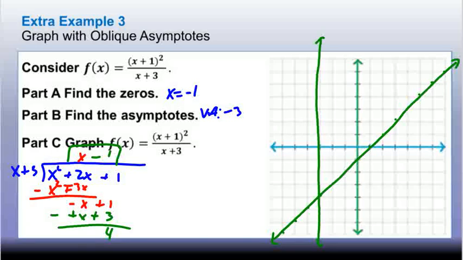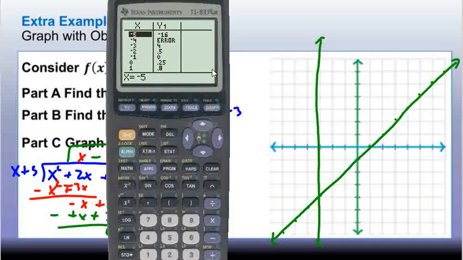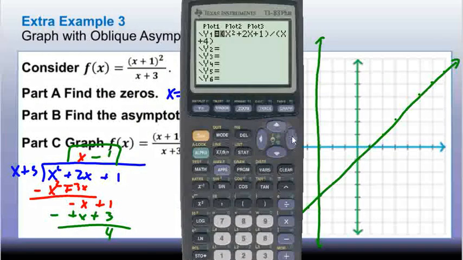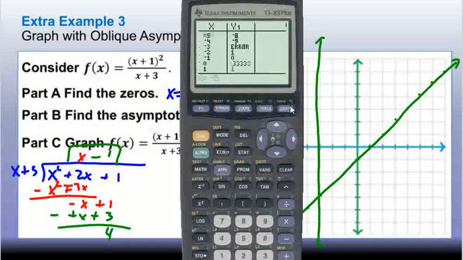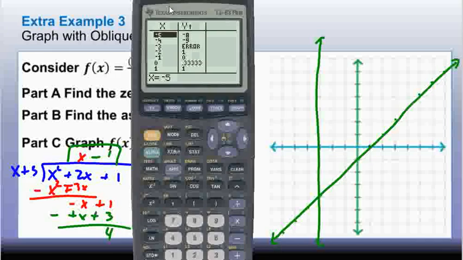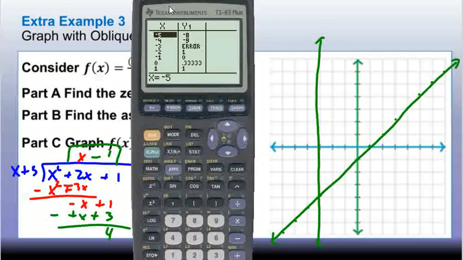And now I can use my calculator to plot some points. So go to y equals. I'll just make it x squared plus 2x plus 1, so that's the same, and then it'll be x plus 3. Second graph. So let's do -5 and -8. So -5, -8 would be way down here.